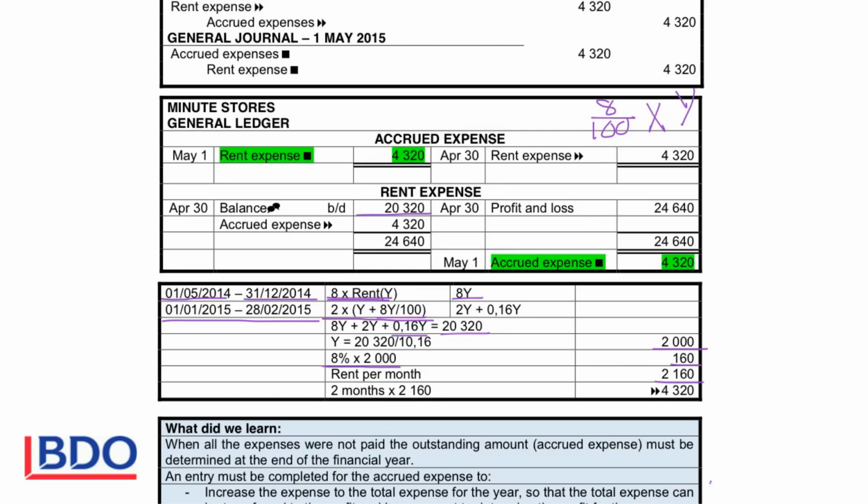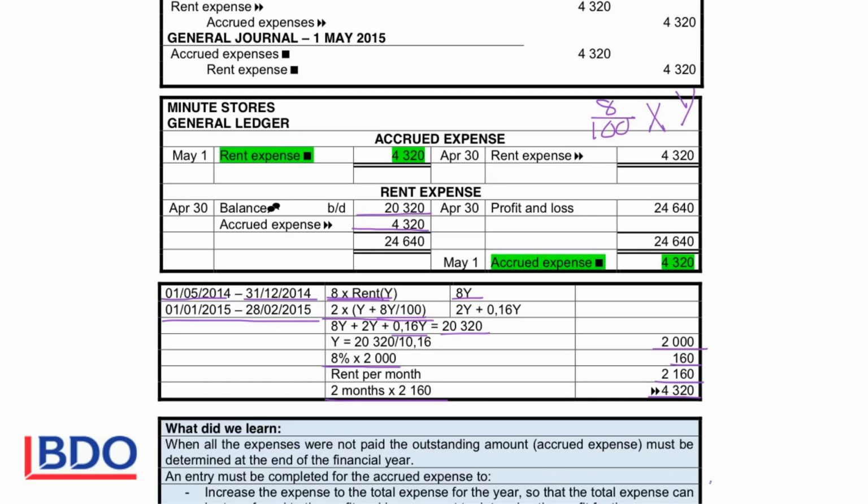The amount that we owe at the end of the year is 2 months times 2,160. So we still have to pay 4,320. I have to adjust my expense account and show that this rent expense must increase with 4,320 so that I will have the total amount in my expense account.